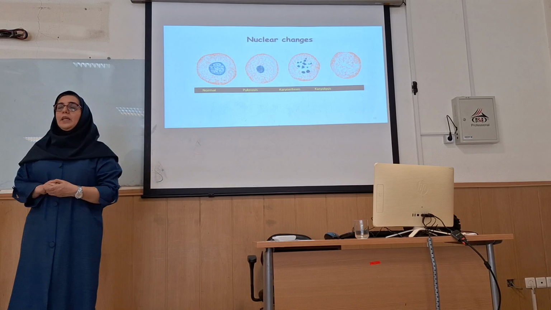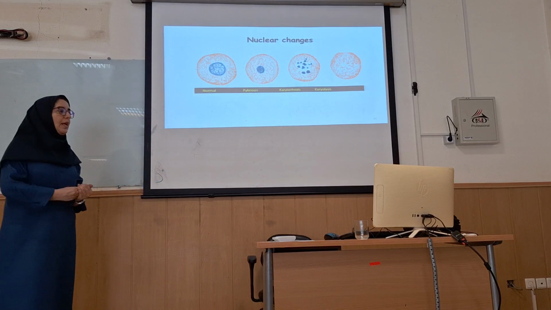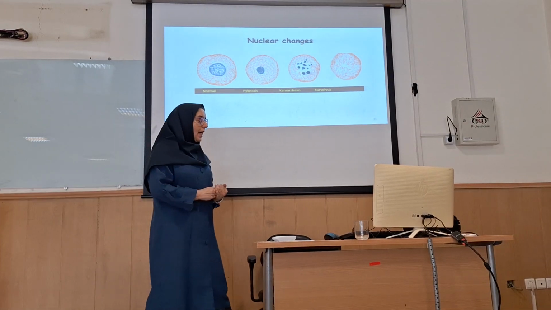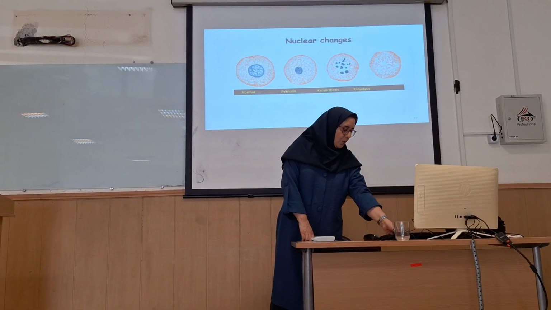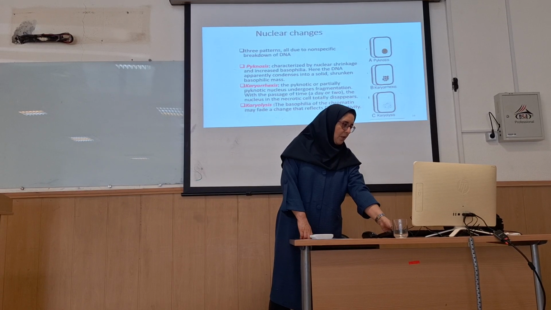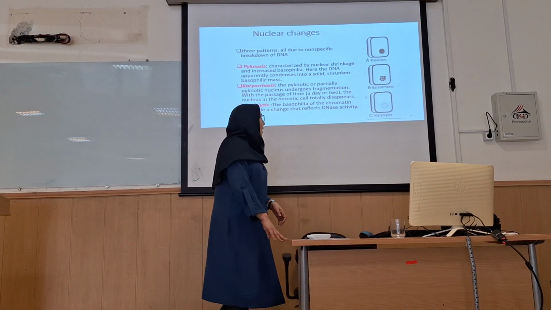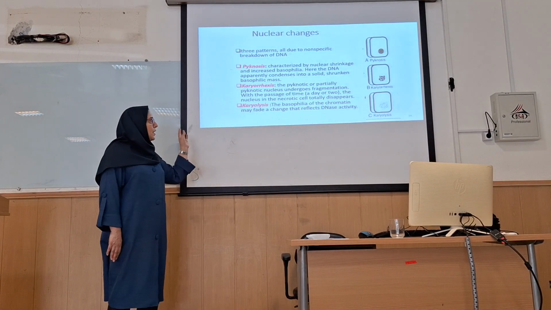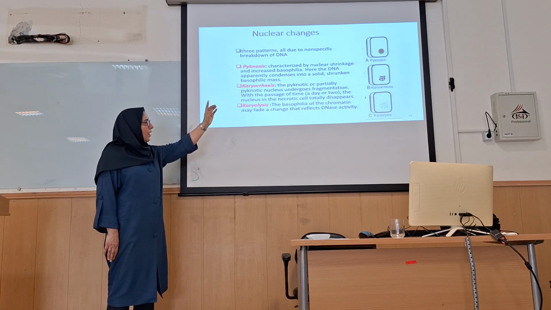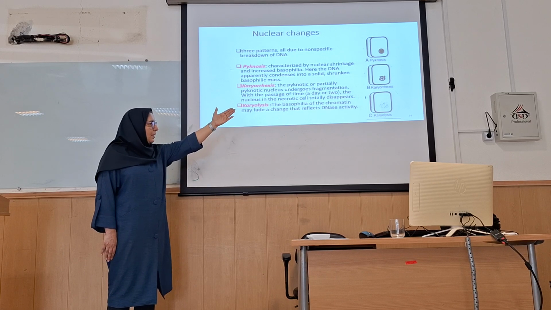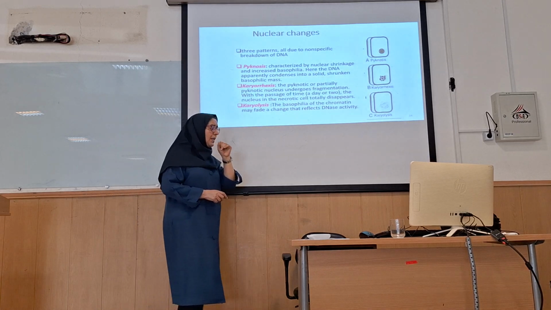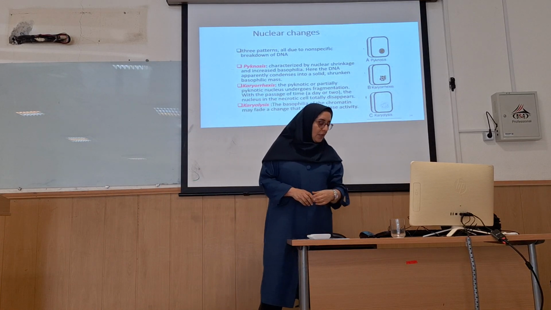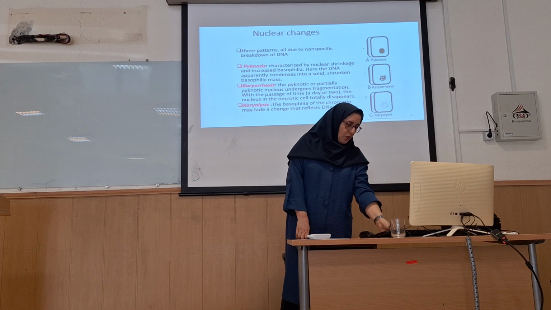So basophilia is lost in hematoxylin and eosin staining, and eosinophilia is increased due to the denatured protein in the cytoplasm. We review nuclear changes: pyknosis, karyorrhexis, fragmentation, and karyolysis, due to activation of DNase activity and other enzymatic digestion.